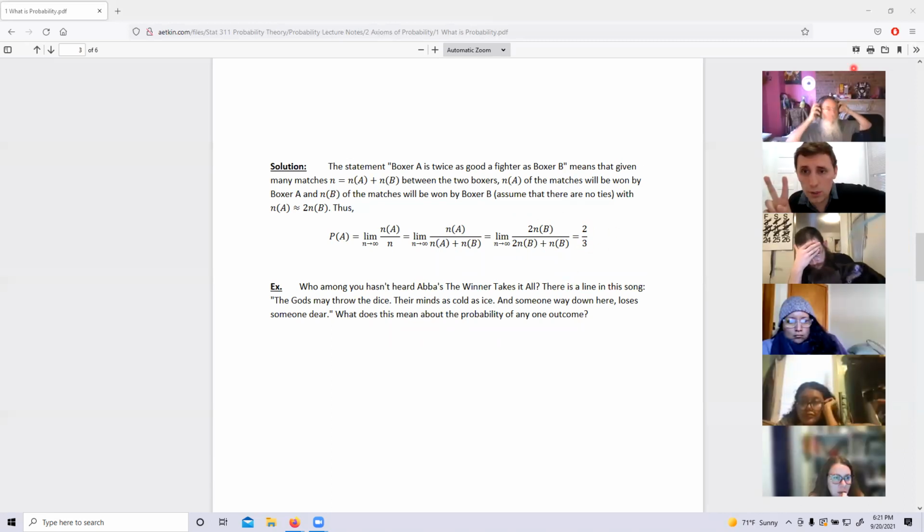You still had only 2 outcomes here, right? Either boxer A wins or he loses, but the probability that he wins is 2/3, because nature prefers one outcome to another. Good?